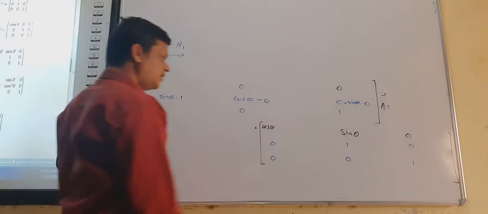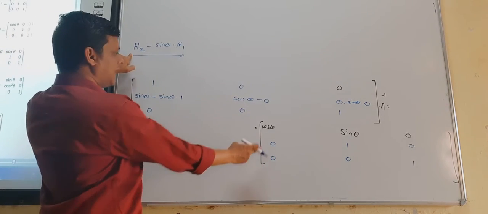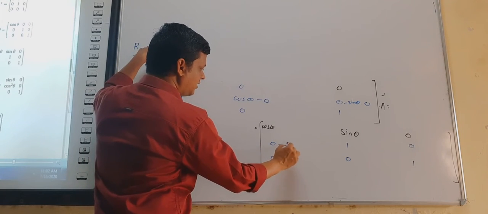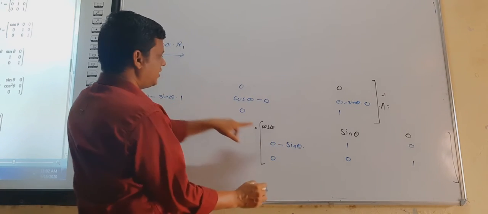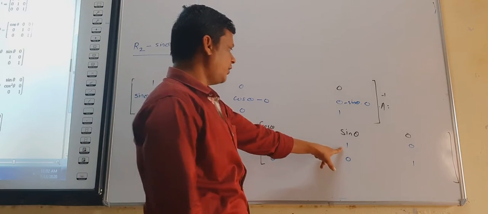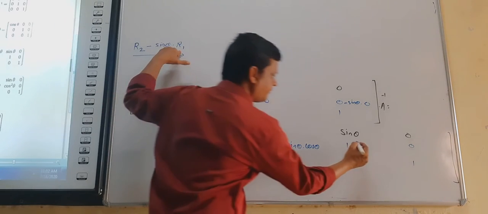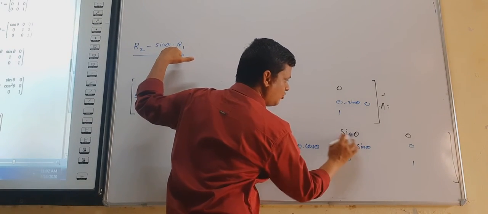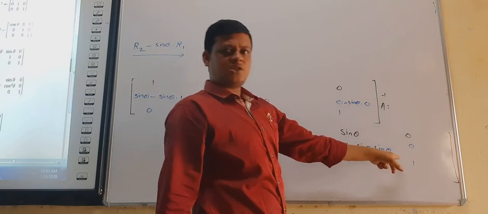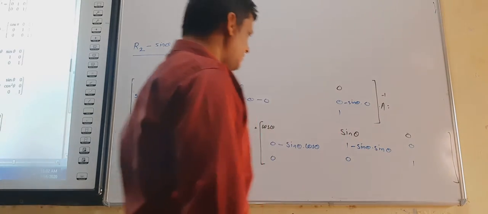Now keep the first row as it is. We have to change this second row. For that we apply this formula: R2 is 0 minus sin theta into R1. R1 is cos theta here. Now here R2 is 1 minus sin theta into R1. R1 is sin theta. Here both the elements are 0, so this element is 0 as it is.